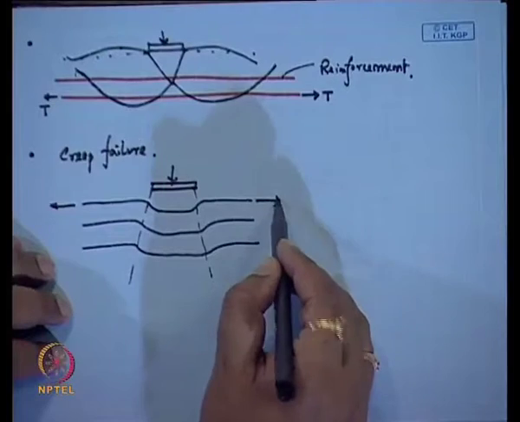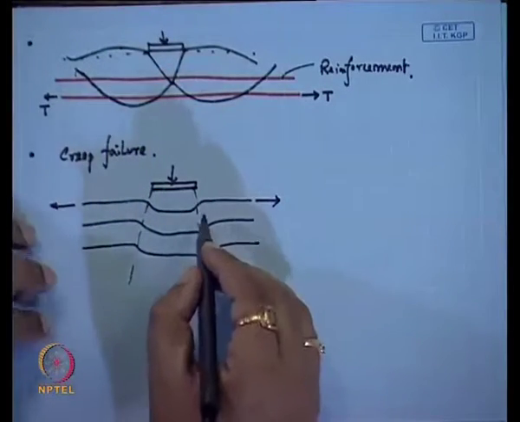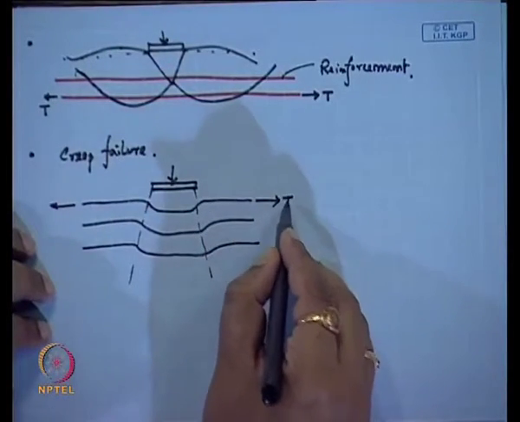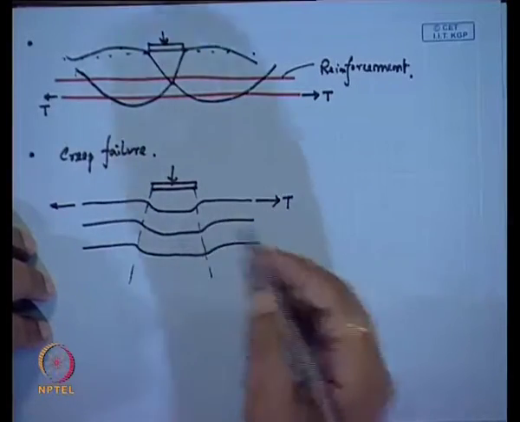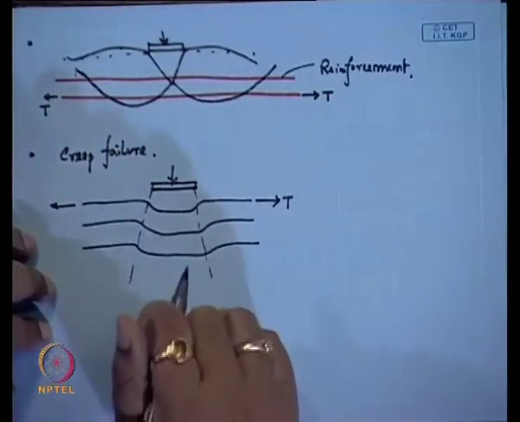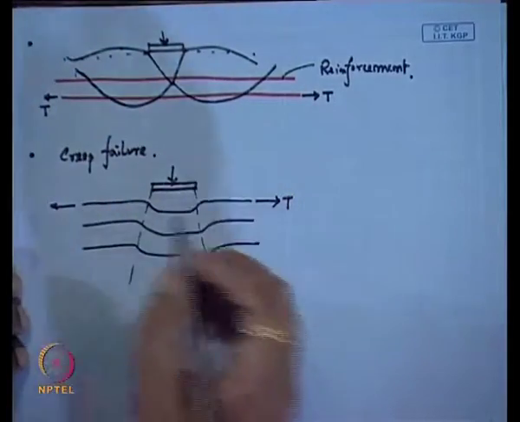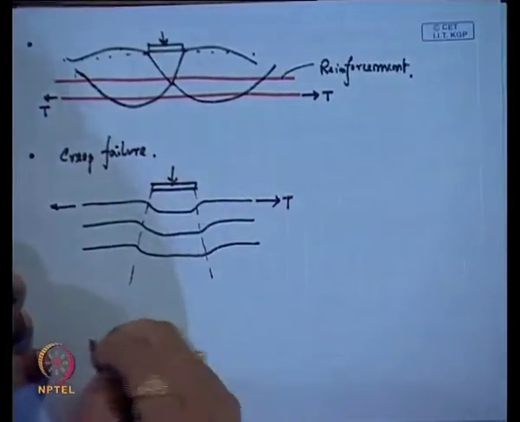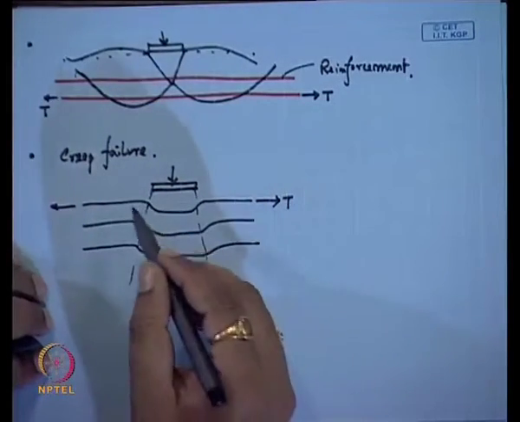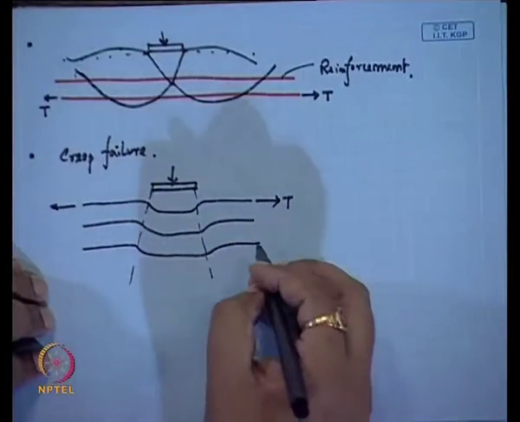So these are the 4 different types of failure for reinforced earth, that means foundation on reinforced soil.